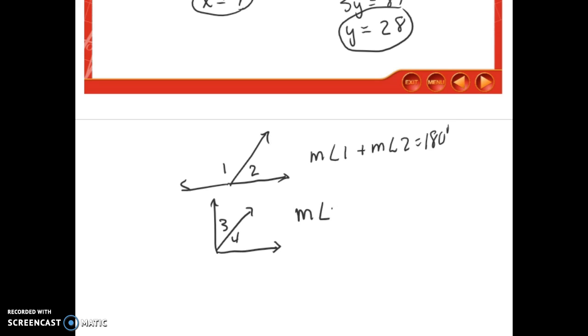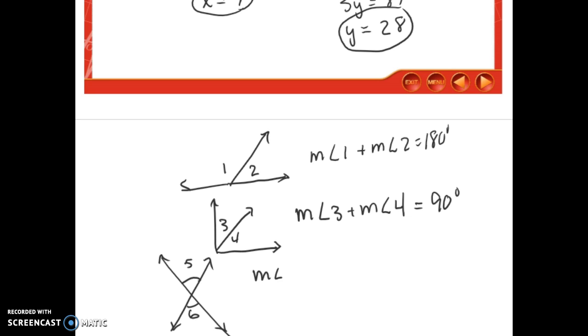The measure of angle 3 plus the measure of angle 4 equals 90 degrees. Or you've got a vertical angle pair thing going on with some of these. Vertical angles are exactly the same measure. So the measure of angle 5 equals the measure of angle 6. So those are your relationships.